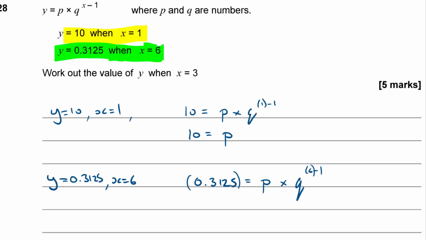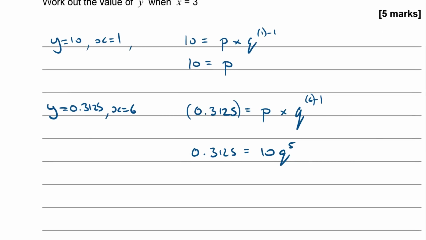now I know p, so I can sub that in as well. So I'm going to say that 0.3125 is equal to 10 lots of q to the power of 6 minus 1. That is q to the power of 5, isn't it? So 10 lots of q to the 5 is 0.3125.